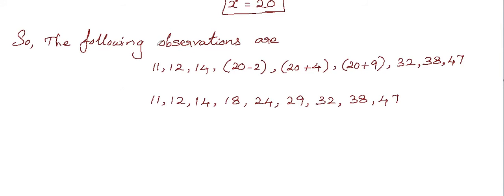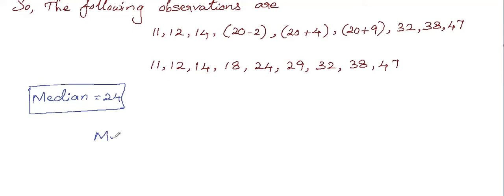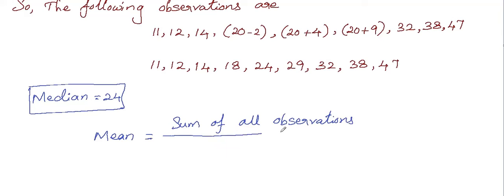Now we need to find the mean of these observations. You can see that the fifth term, the median, is 24. And the mean is the sum of all the terms divided by the total number of terms or observations.